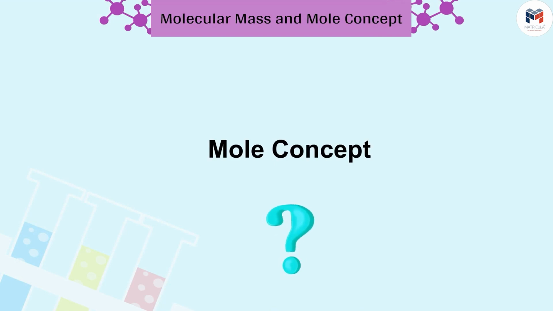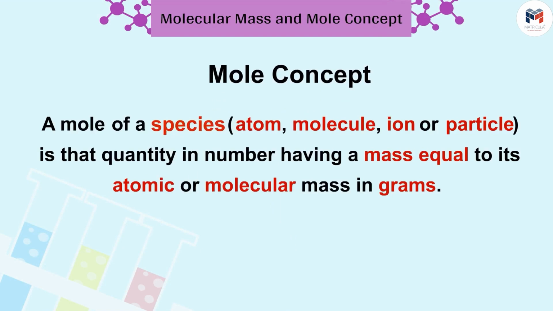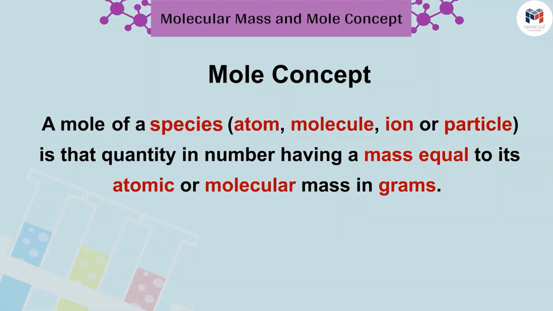Let us now discuss the mole concept. You may be wondering, what is a mole? A mole of a species, atom, molecule, ion or particle is that quantity in number having a mass equal to its atomic or molecular mass in grams.